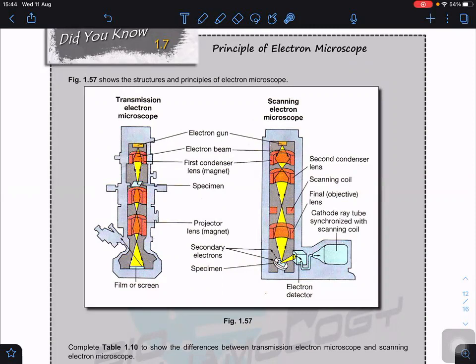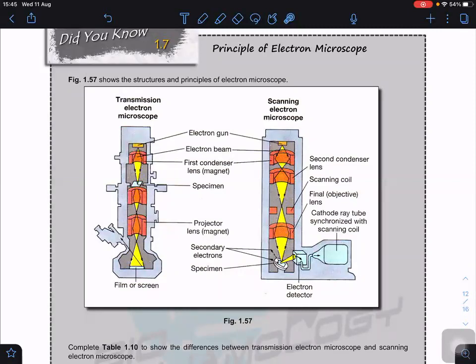For both types of electron microscope, you have to be careful with the specimen. We cannot use a living specimen. Why? Because any living specimen we put inside will die. Try to imagine I put you inside and you are bombarded by electrons.